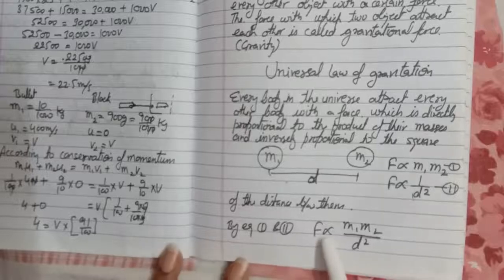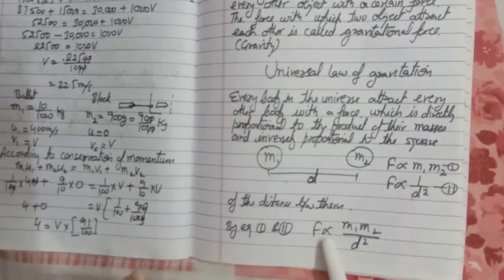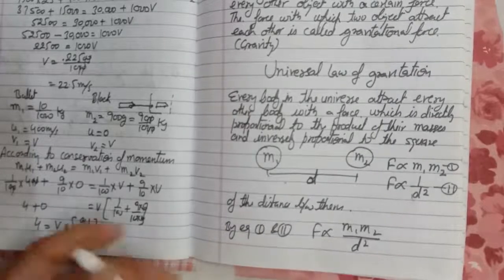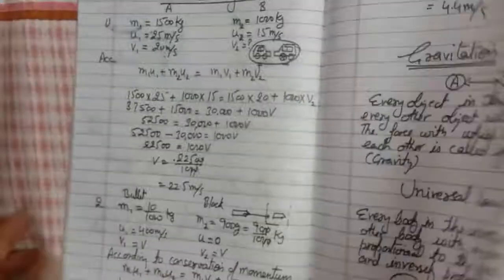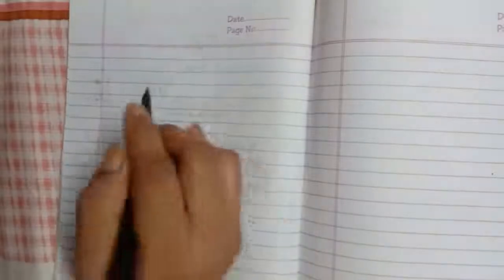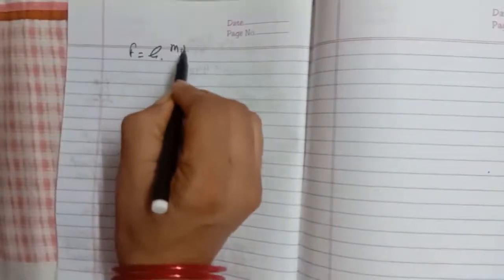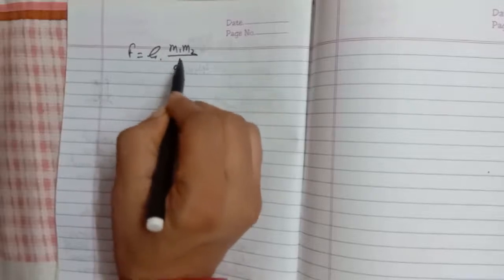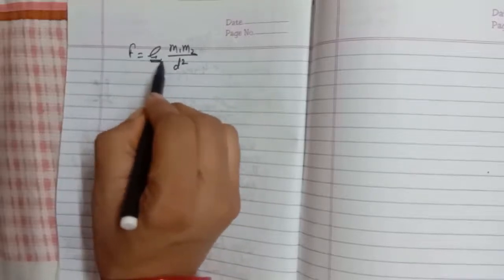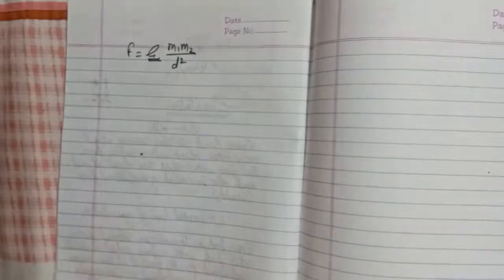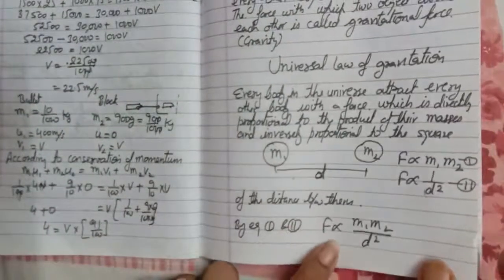Again, for removing the sign of directly proportional, we have to apply some constant. So I am writing the constant G: F equals G m1 m2 upon d square, and G is a constant.